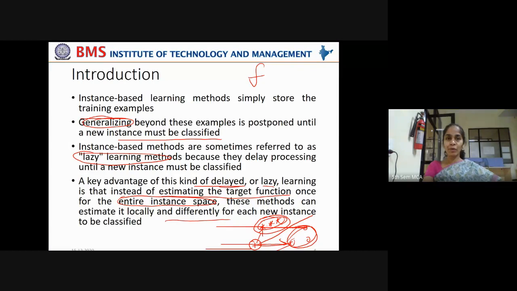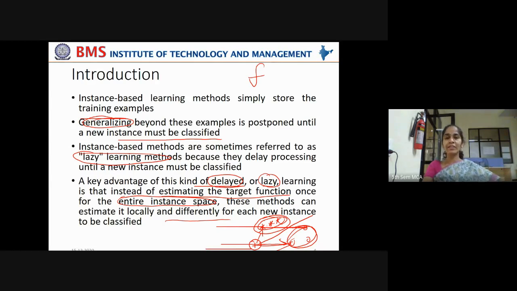Now read this, it will be more clear. A key advantage of this kind of delayed learning, delayed till the last phase, lazy because it doesn't start processing until a new instance is given, is that instead of estimating the target function once for the entire instance space, like learning a hypothesis consistent with all the training examples, these methods can estimate it locally and differently for each new instance to be classified.